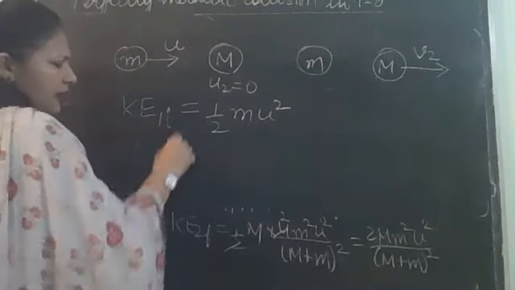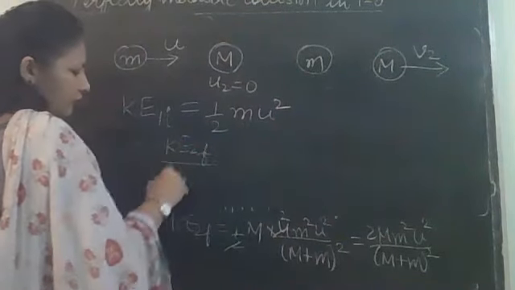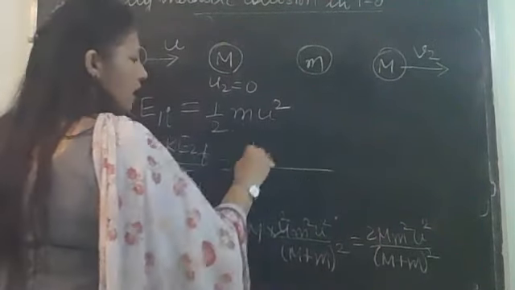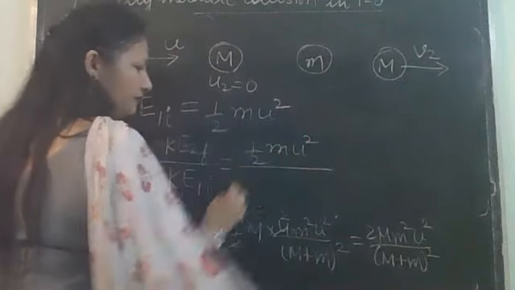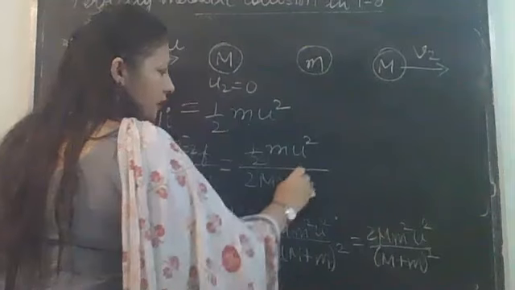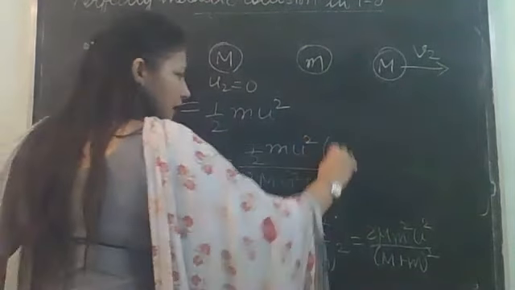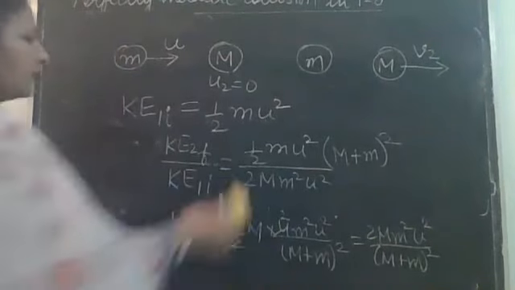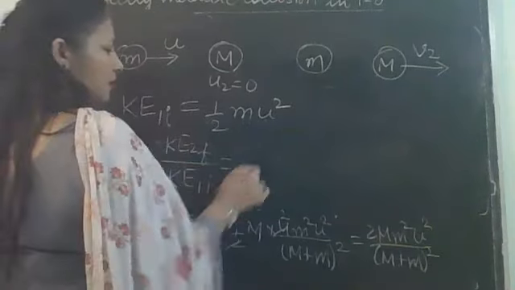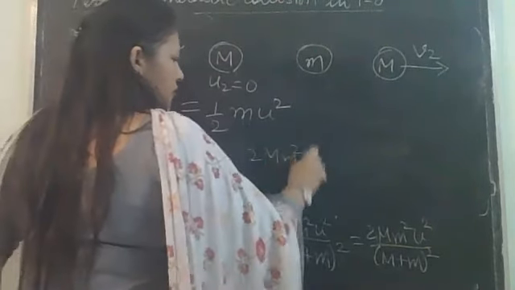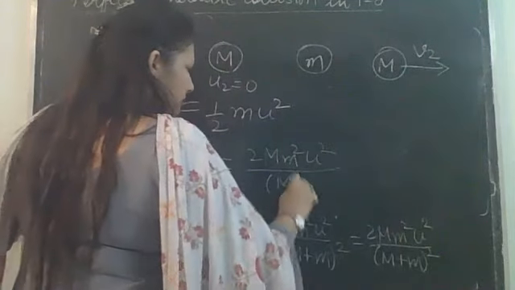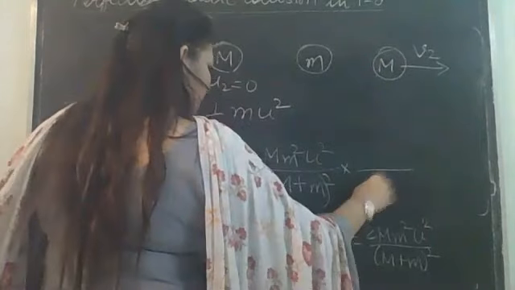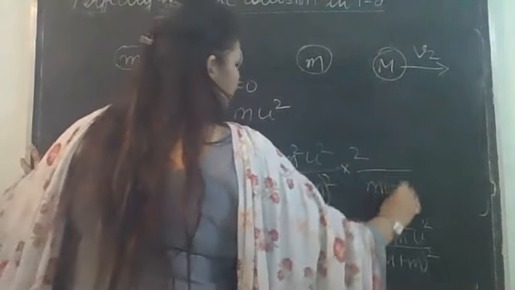E2 over E1 means kinetic energy of second particle over kinetic energy of first particle. So let us find this ratio. That is 2 m square u square over (m plus m) square, over half m u square.